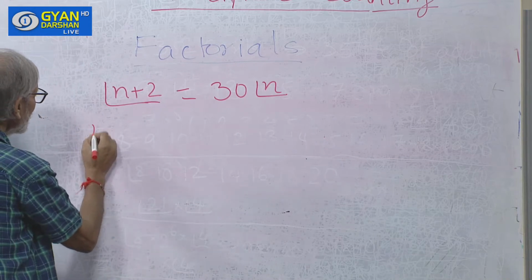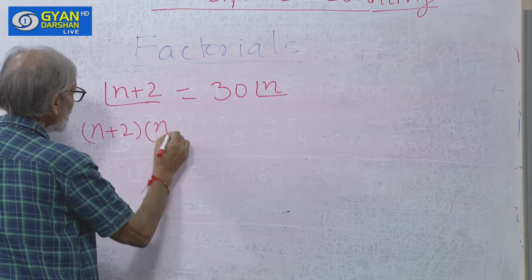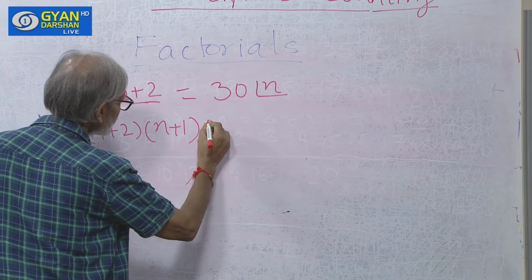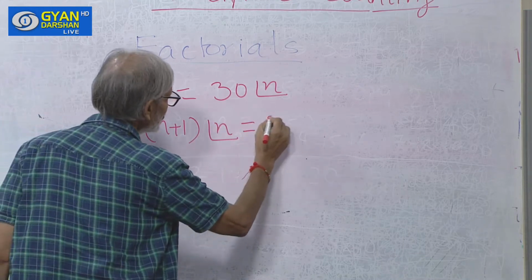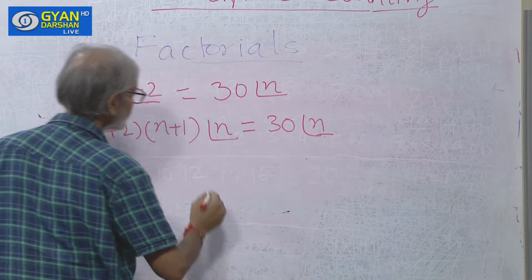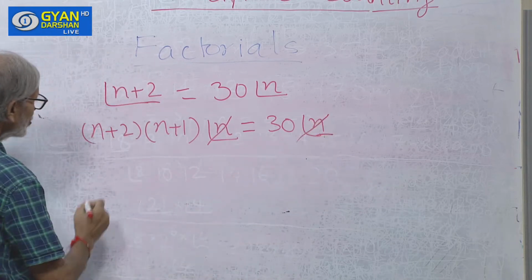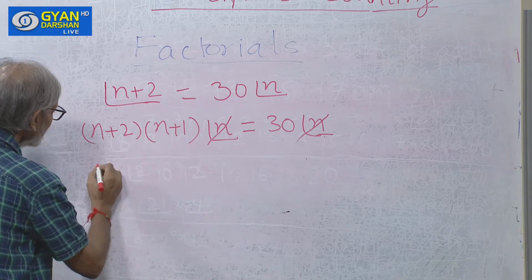So, we can write (n+2)! as (n+2)(n+1) and again n!. So, it will be (n+2)(n+1)n! is equal to 30 n!. Factorial n is coming on both sides, so we can cancel it out. And then we can expand it.